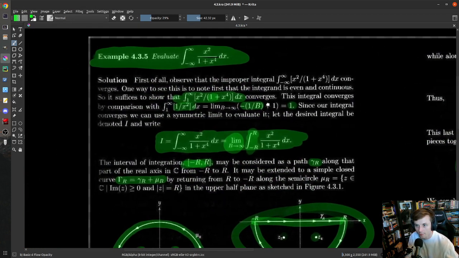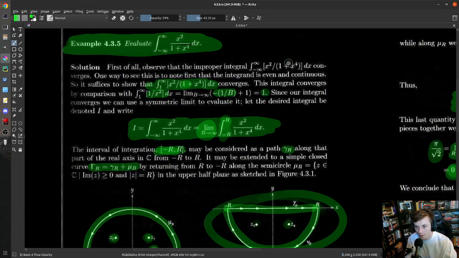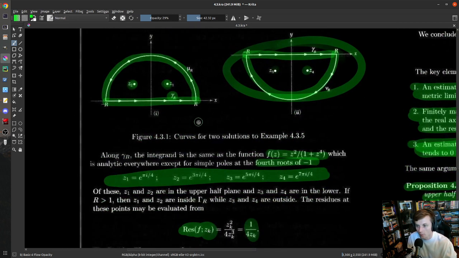Then we went on to start to talk about how we could actually use these. So our first example, we evaluated the integral from negative infinity to infinity of x squared divided by 1 plus x to the fourth. And the way we did this is we made ourselves little half circles along our path, enclosing our singularities for a large enough value of R, the radius of this half circle.